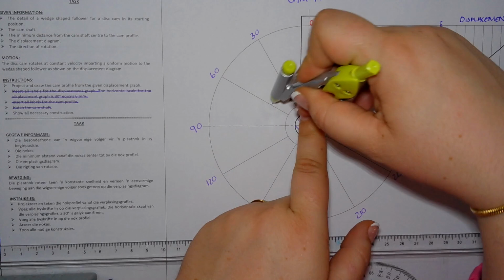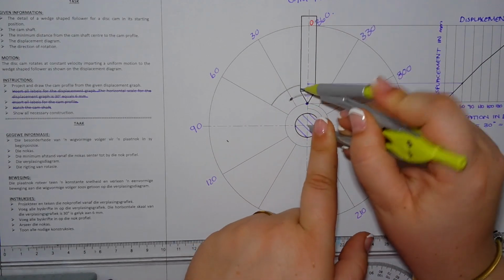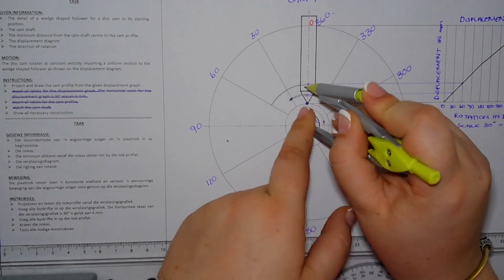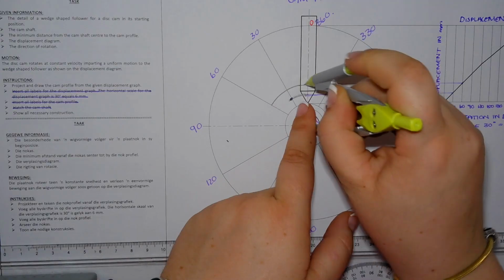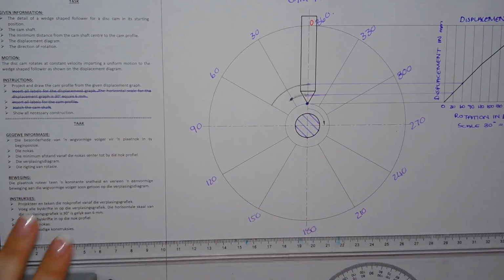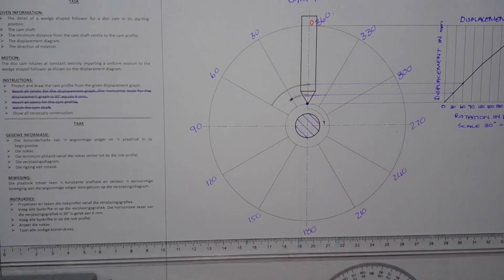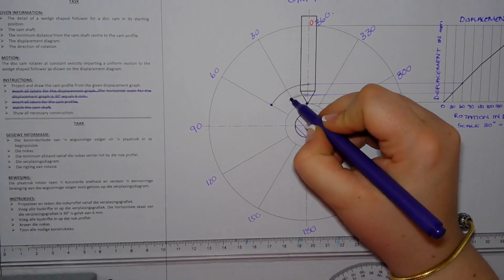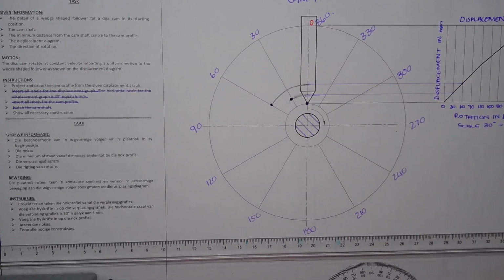I draw a curve until it meets line 60, making this my next point. I'm just going to repeat this. When all of the points are plotted, I'm just going to connect them freehand and then I'm done. Okay. Easy.